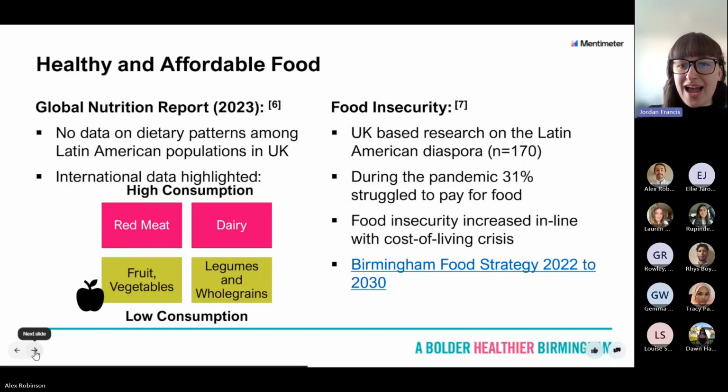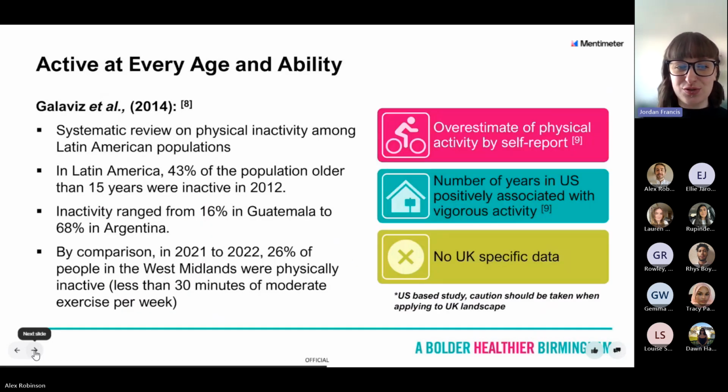So moving on to the active at every age and ability section. Again, this is international data primarily, and there is a bit of a variation in the physical inactivity rates, looking at specific countries, and it's not uniform across all of Latin America. There was a systematic review that looked at physical inactivity rates among Latin American populations.